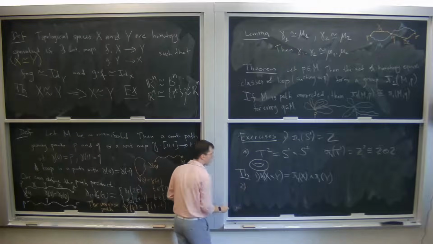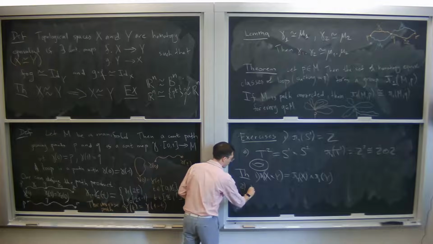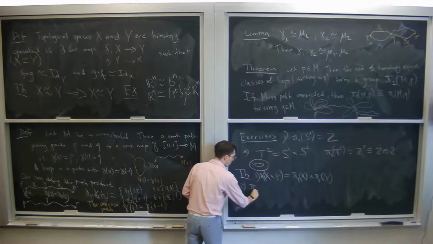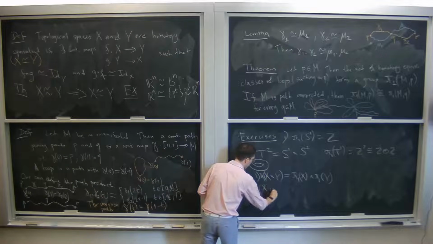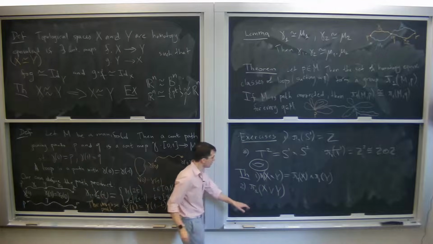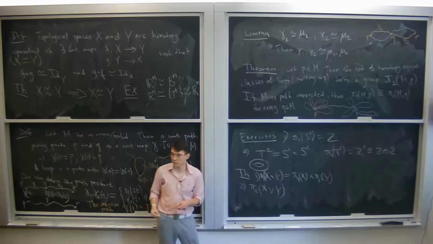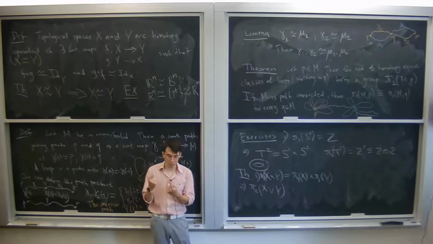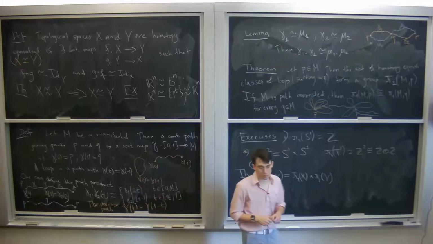And another important fact is that if we have the so-called wedge, meaning that our two topological spaces are attached along one common point.